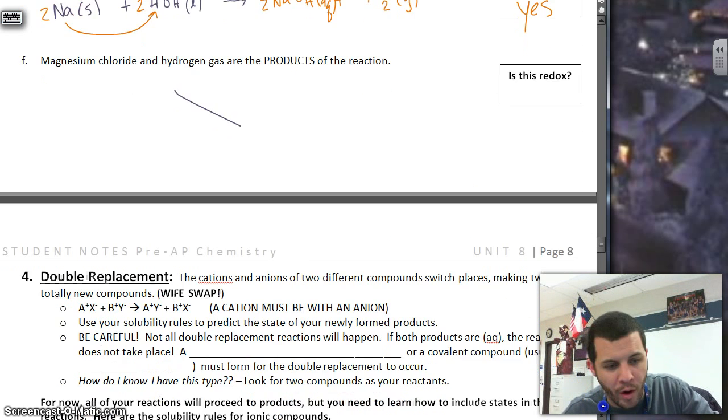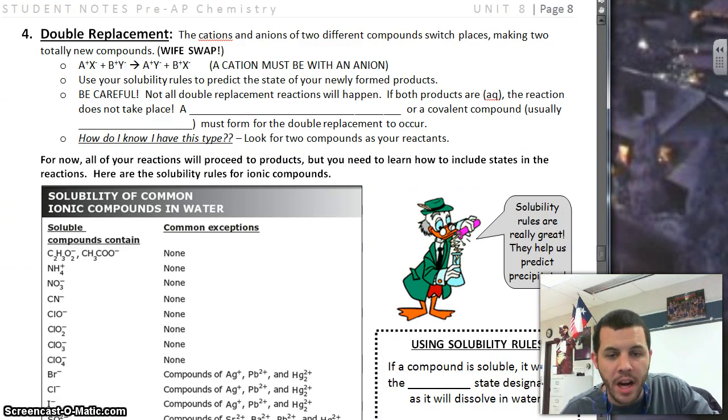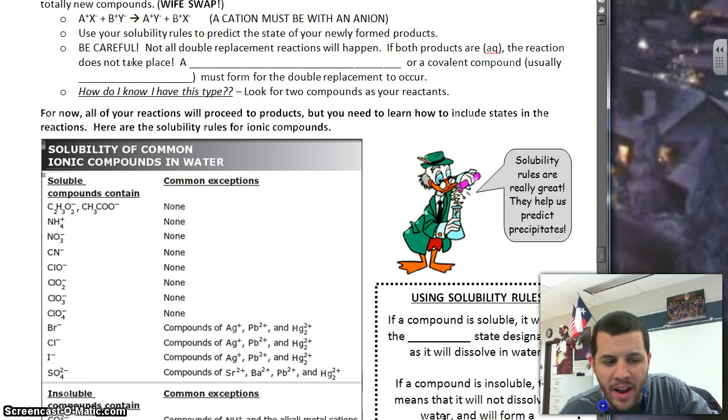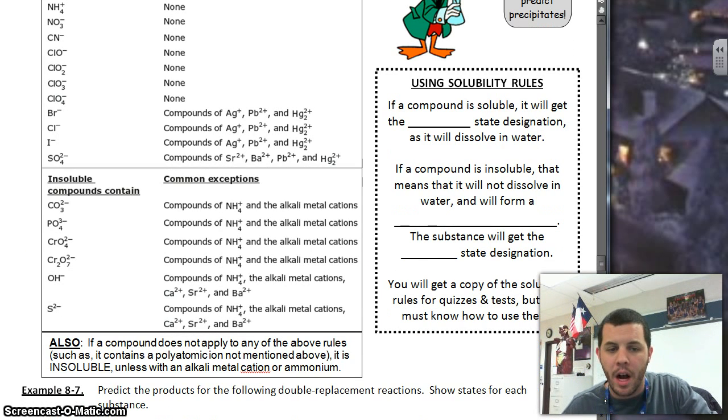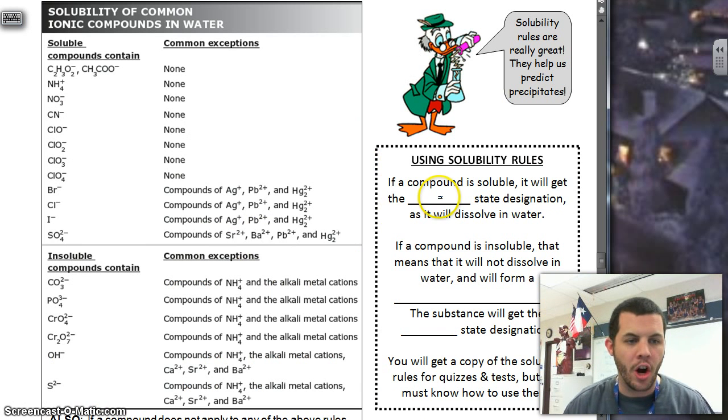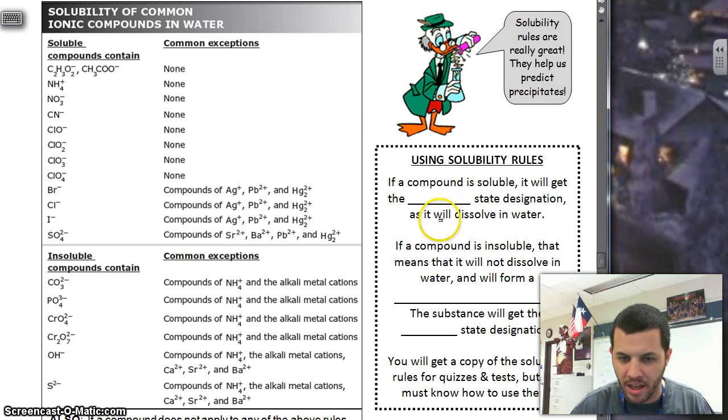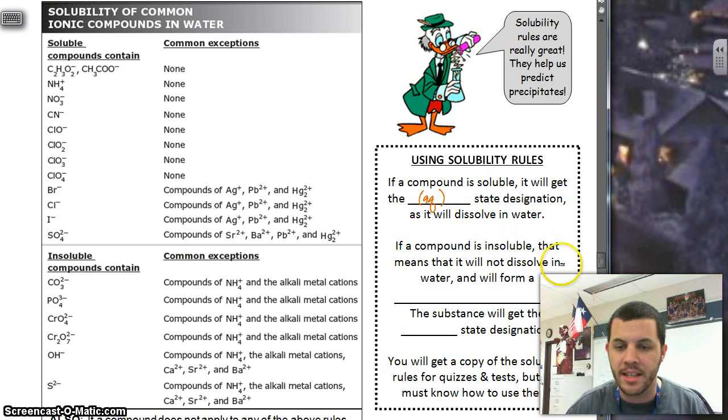Let's go ahead and get into the great fun of double replacement. So when you have a double replacement reaction, remember, oh, good, here's our solubility rules right here. These are the rules that we can use to determine if something is aqueous or if something is a solid. So check this out. I want you to see this. It says if a compound is soluble, it will get the AQ state designation, because it's going to dissolve in water.